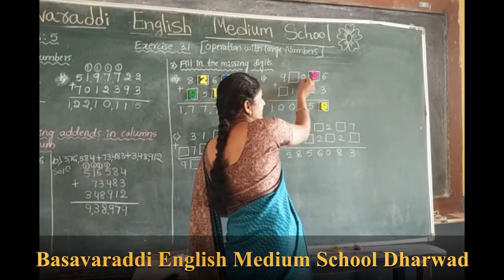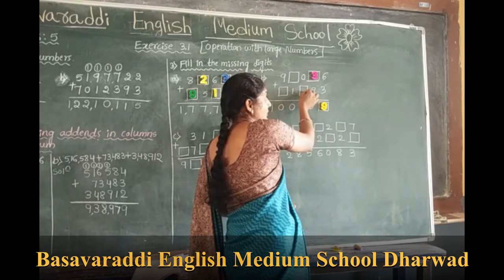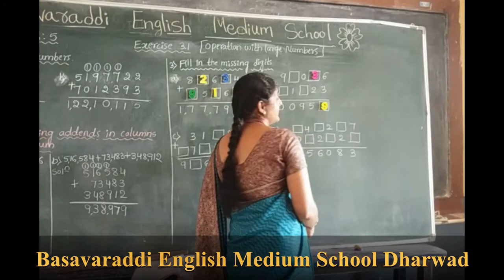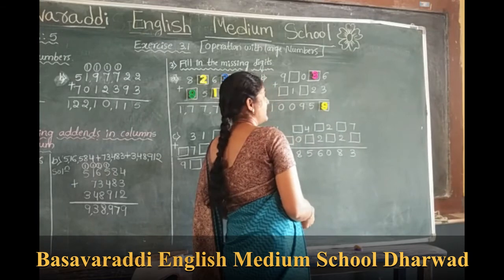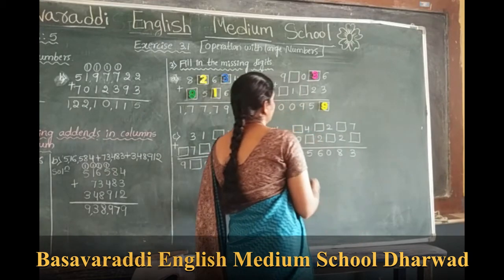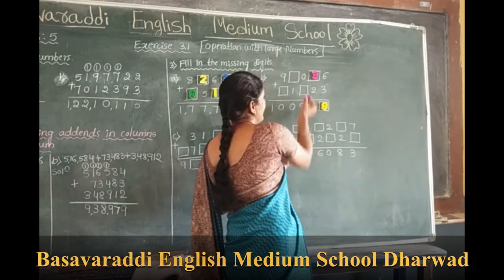The next question is, there is a 0 in the 100 place. The missing number in the 100 place, we also have to fill the missing digit. Whatever we get, the 9 in the 100 place in the sum. It means you put the 9 there.